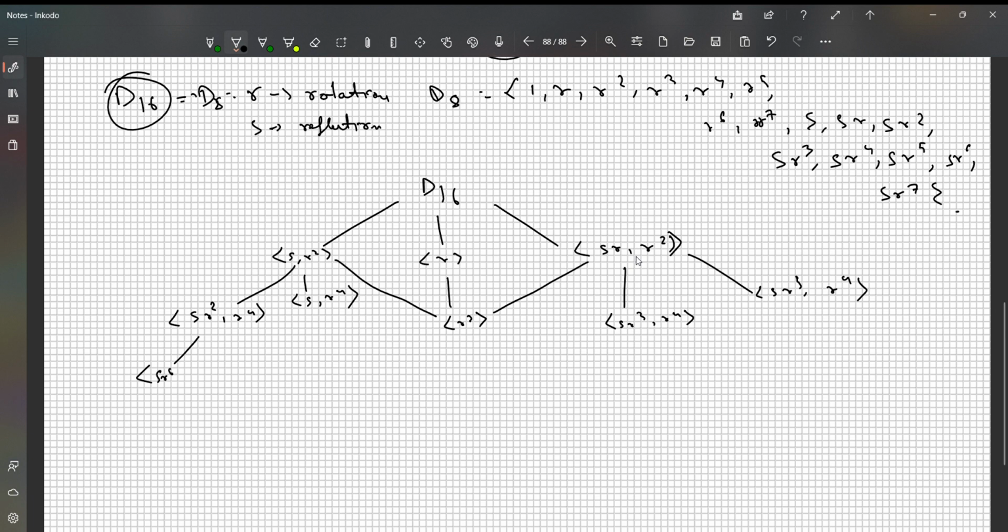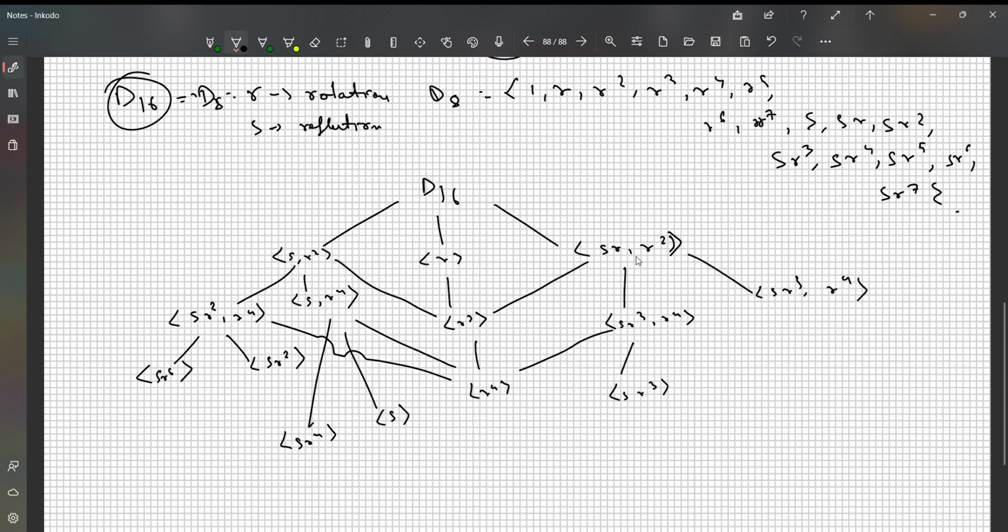Then from here you can bring out the immediate subgroup sr to the power 6. Here you have sr squared. Then from here you have, I guess, sr to the power 4 and s, right? From here you have r to the power 4. But obviously r to the power 4 is a subgroup of both of them, right? So here you notice them intersecting. Similarly, it will be a subgroup of this as well.